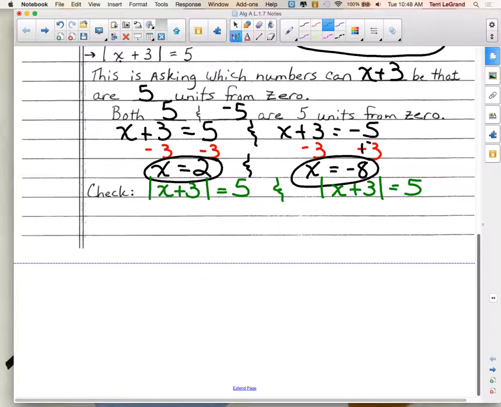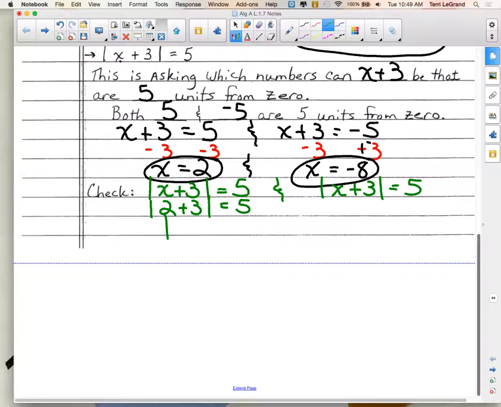Now we're going to substitute in for x. We'll do our first solution, which is 2. So we just put the 2 in place of the x. Everything else stays the same. We're not solving. We're not doing something to both sides. We're substituting in.